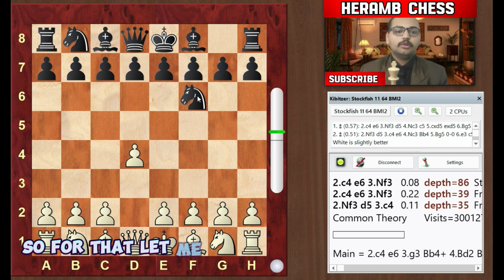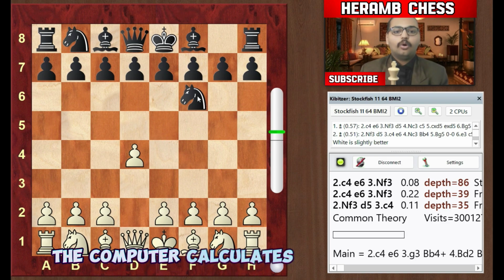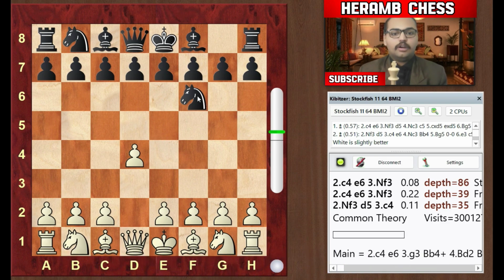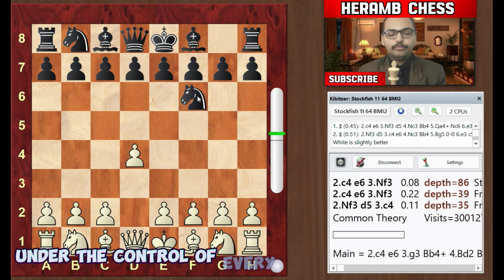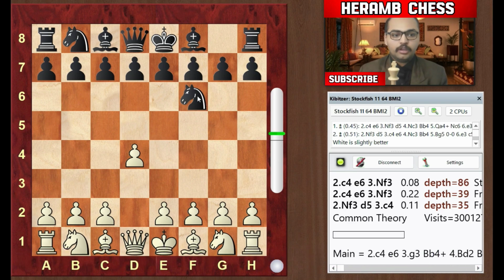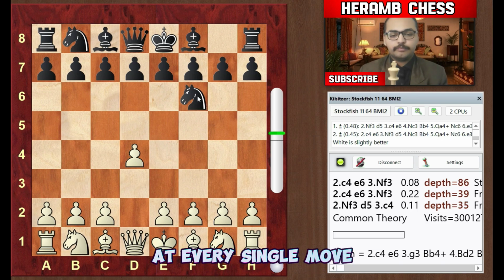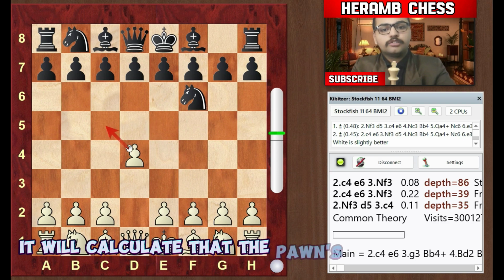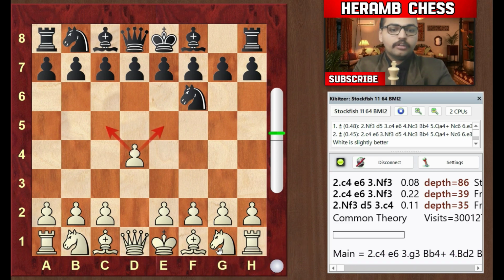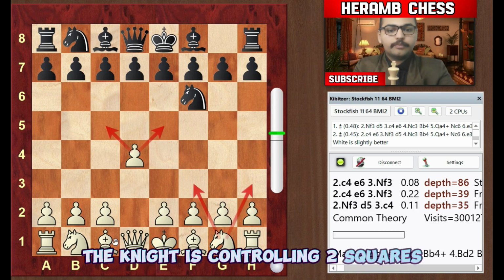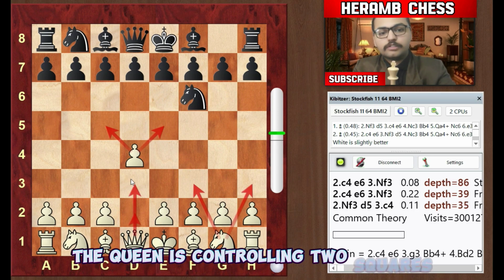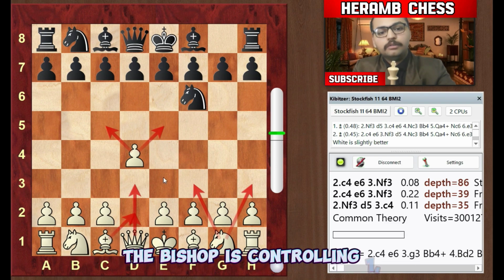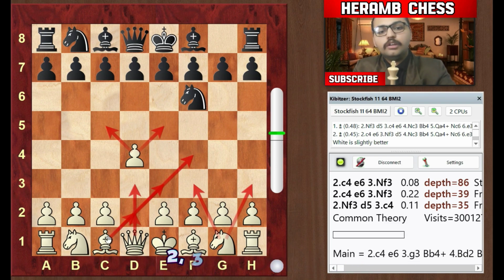So for that, let me tell you what the computer does. The computer calculates all the squares under the control of every single piece and pawn at every single move. So for example, if you see here, it will calculate that the pawn is controlling 2 squares, the knight is controlling 2 squares, the queen is controlling 2 squares, the bishop is controlling 1, 2, 3, 4, 5 squares.